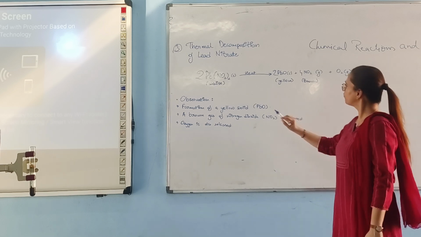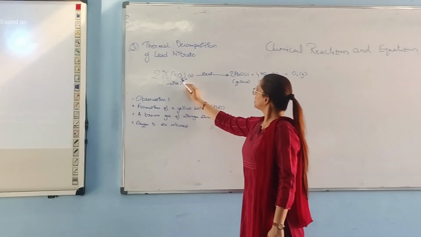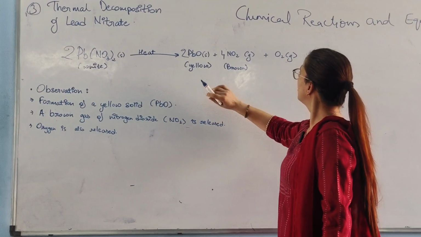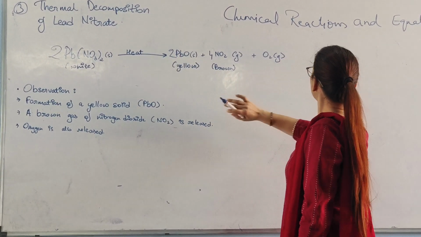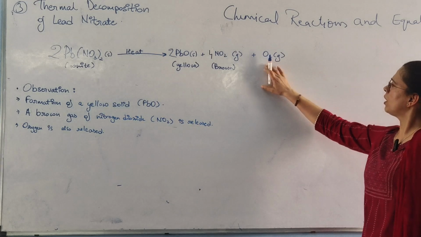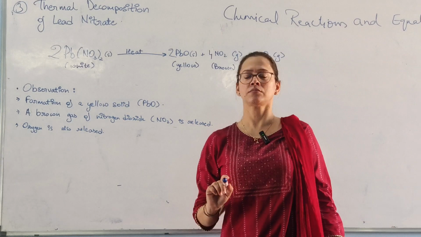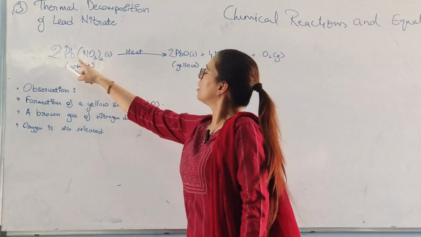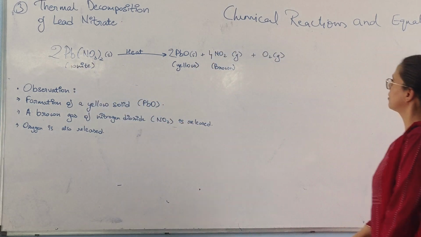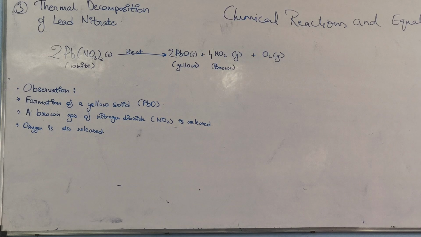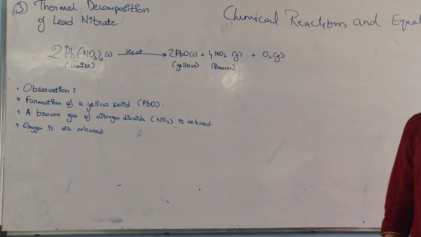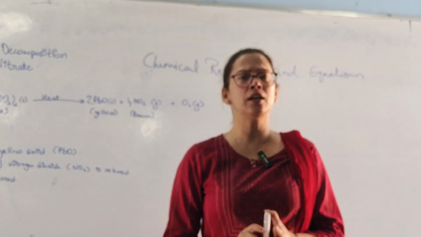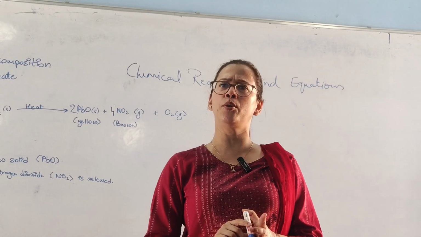Shall we check once again? 3 2s are 6, 7, 8, 9, 10, 12 हो गया इधर. 3 2s are 6 into 2, 12. Right. Balanced. ठीक है, done.